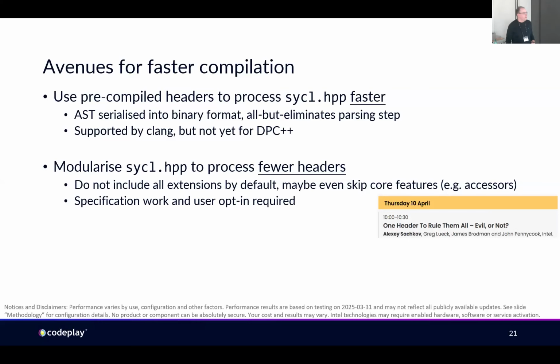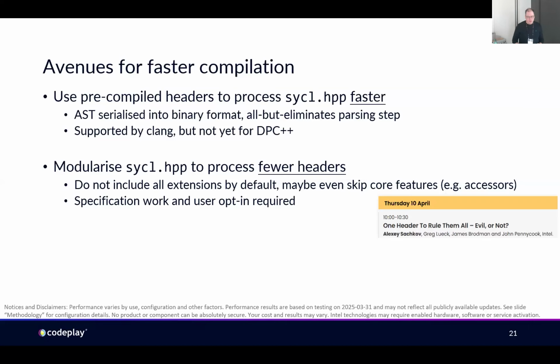Then also, as for the talk yesterday, it would be good to modularize the SYCL header to just process fewer headers. We probably don't need all extensions enabled by default, and maybe even skip some features like accessors, which don't really make that much sense in the context of free function kernels, which we need for runtime compilation.